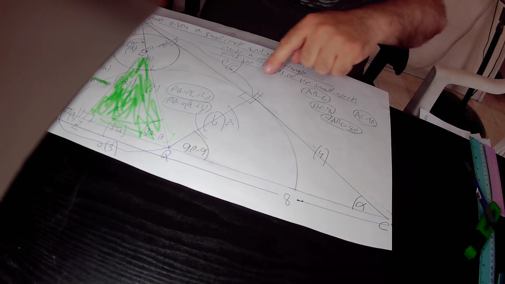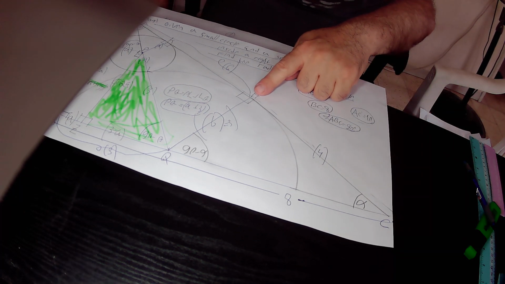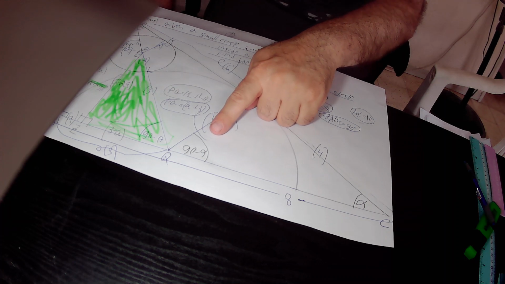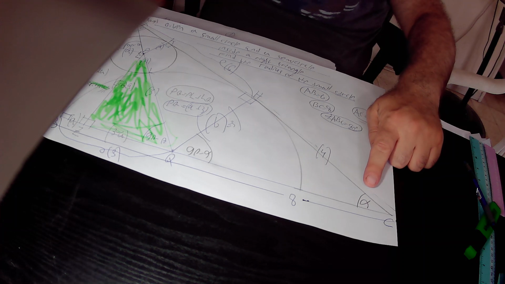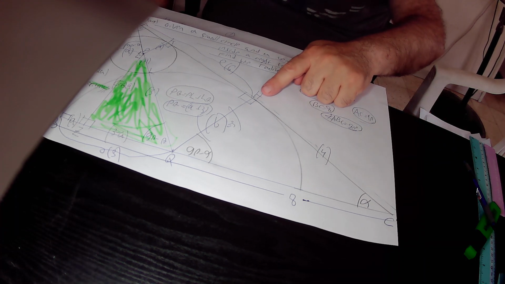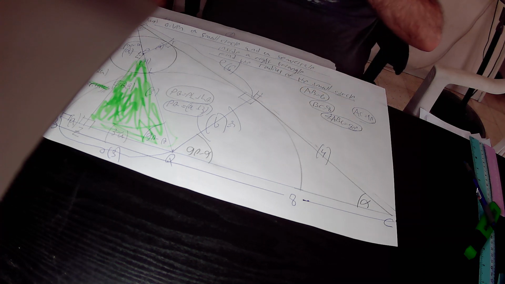So in the right triangle HQC, this angle equals alpha, this angle equals 90 degrees, therefore the third missing angle must equal 90 degrees minus alpha. Why? Because 90 degrees minus alpha plus alpha is 90 degrees, and 90 degrees plus 90 degrees equals 180 degrees, the sum of the angles in any triangle.